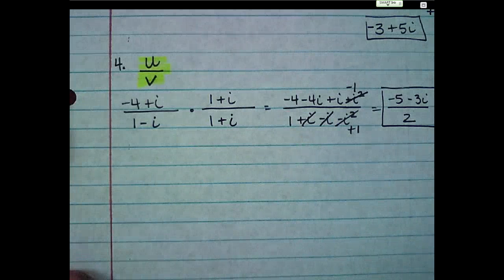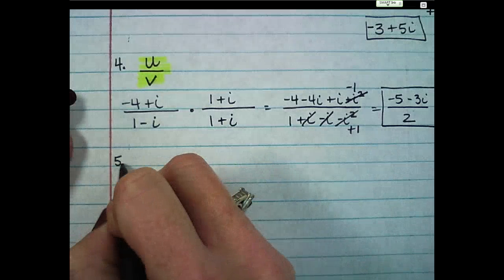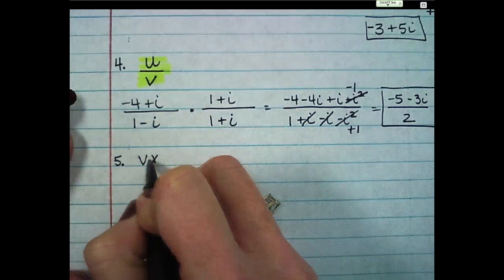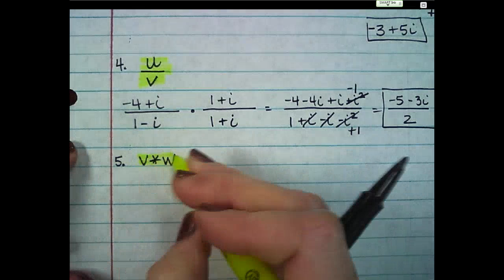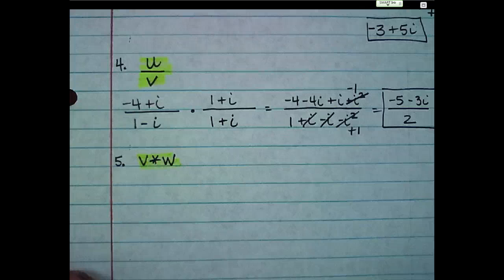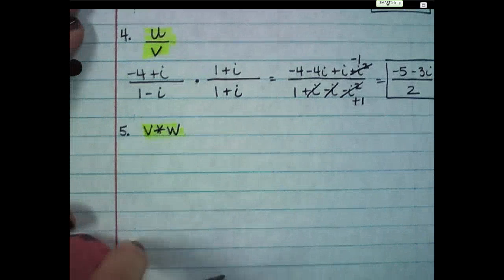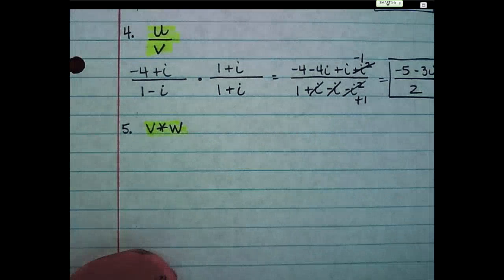Number 5. V times W. Okay, so this time you're going to do a binomial and a binomial. So you have to FOIL. Okay, try it. Write them out and start to FOIL and see what happens.